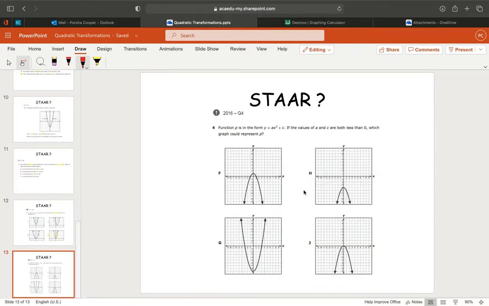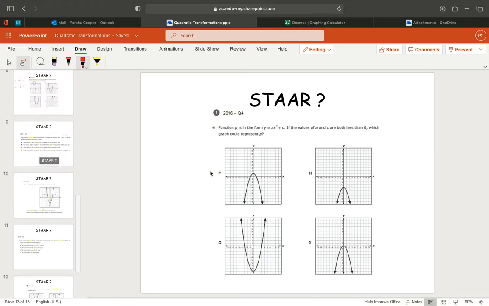Then our last question, again with the graph, it says if we have this function f of x equals a x squared plus c, if the values of a and c are both less than 0, then which graph could this be? So we already know that if we have a negative a, it's going to cause the graph to go down.